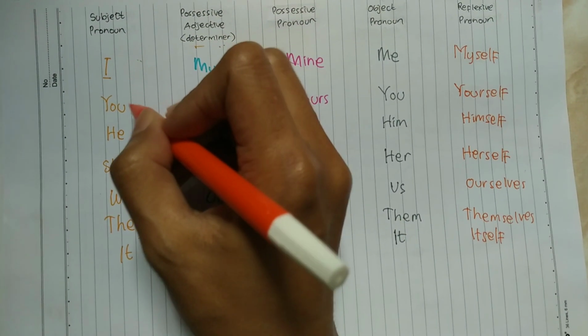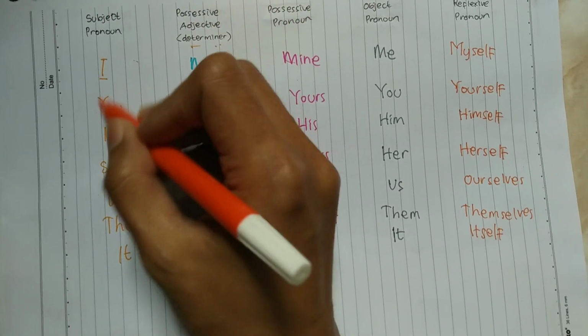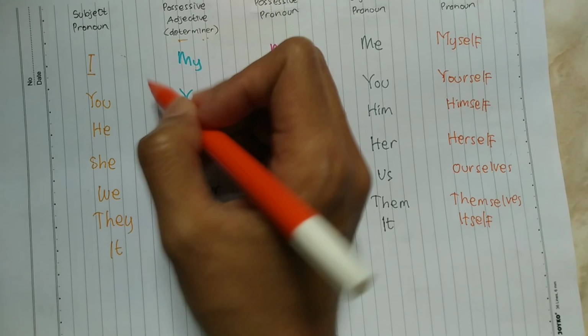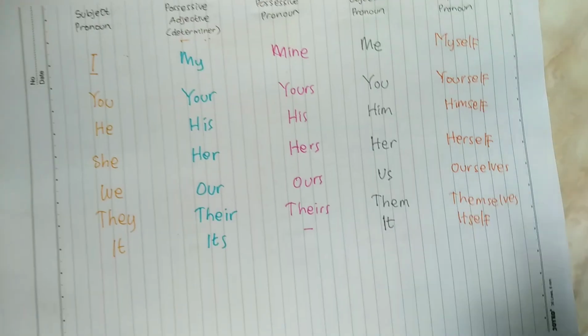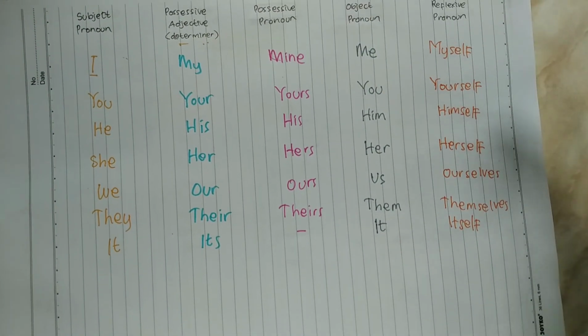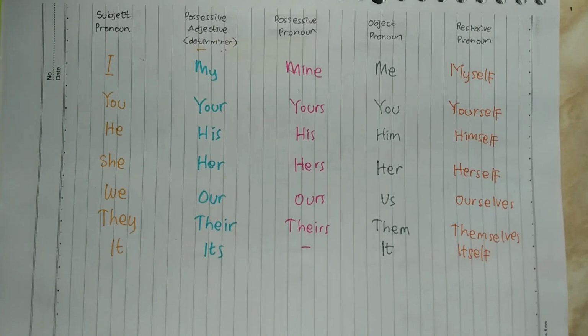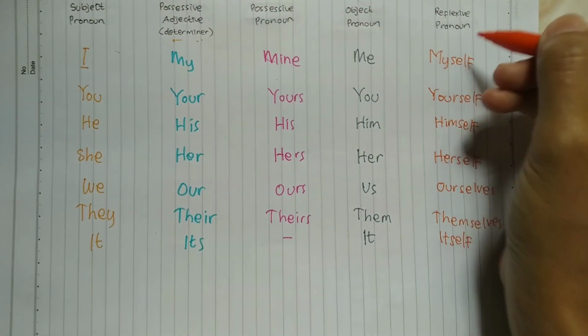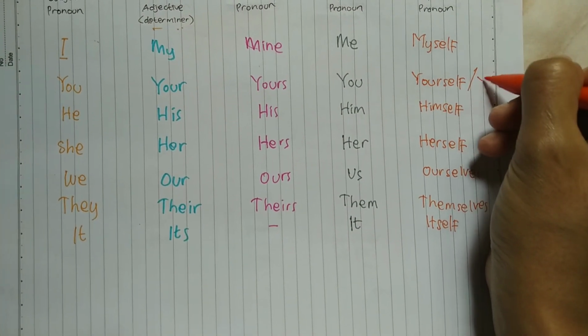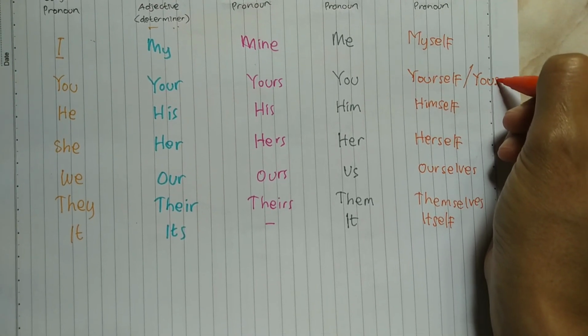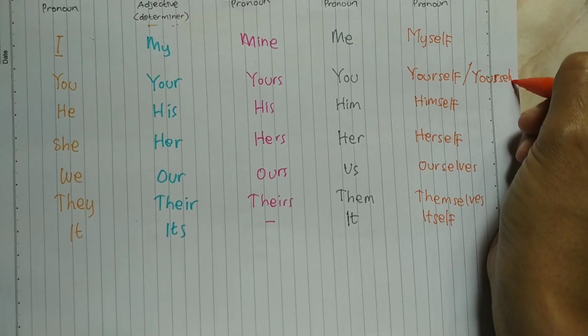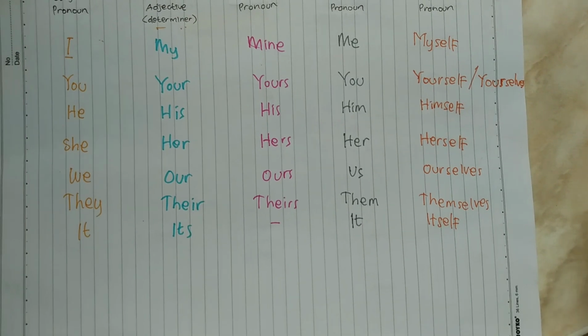Okay, I'm going to go back to you. Because you is not always singular. It can be meant as plural. Jadi you artinya bisa kamu, satu orang. Atau bisa kalian, banyak. So, it can be yourselves. Oops.